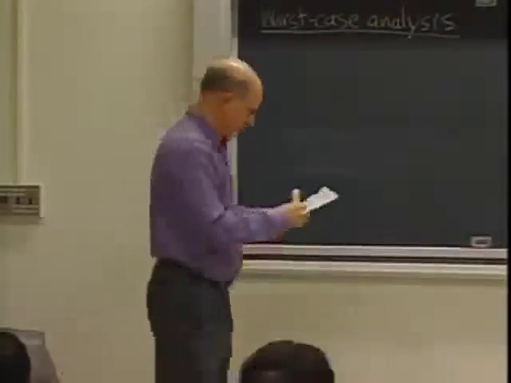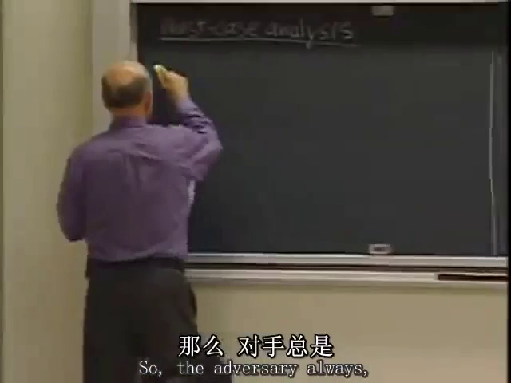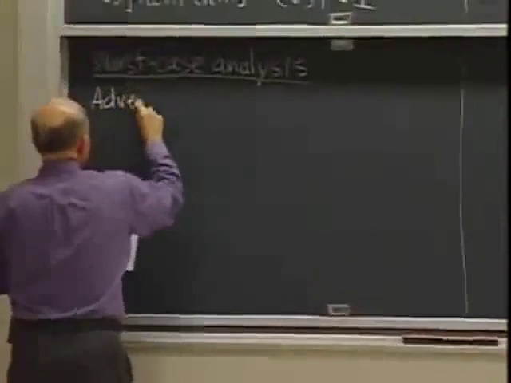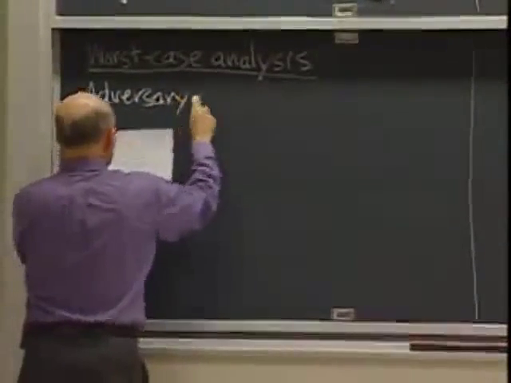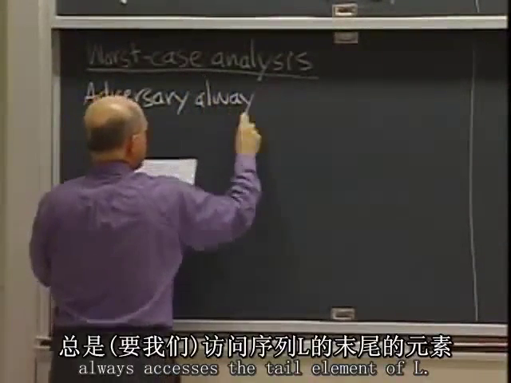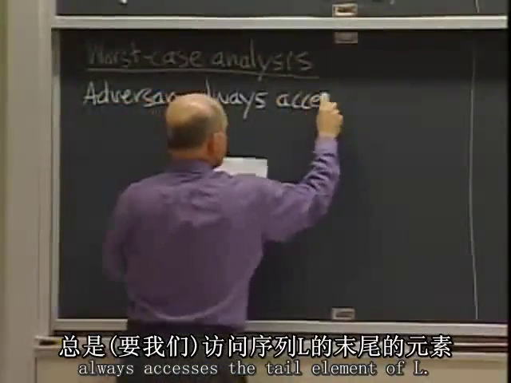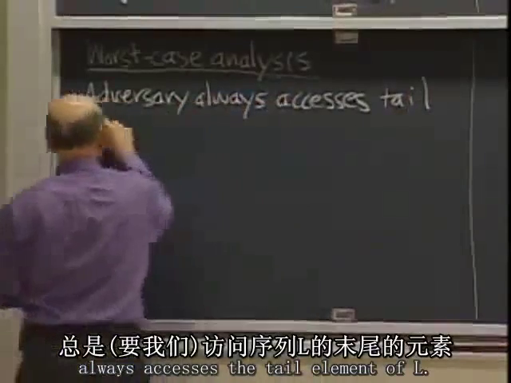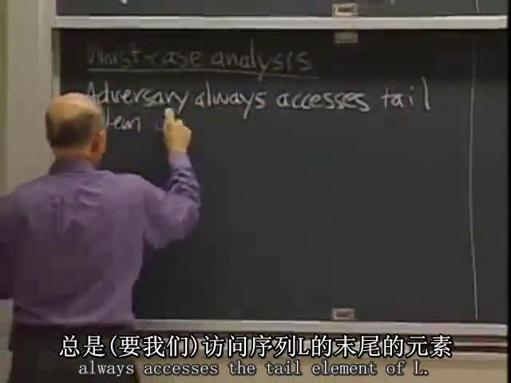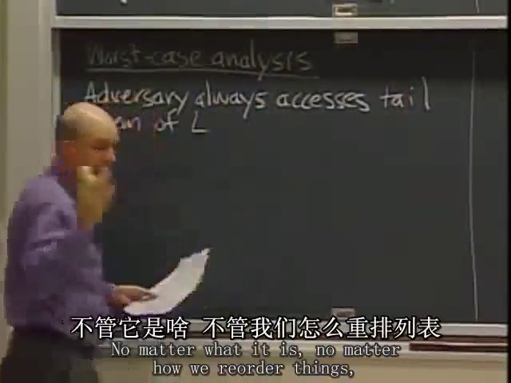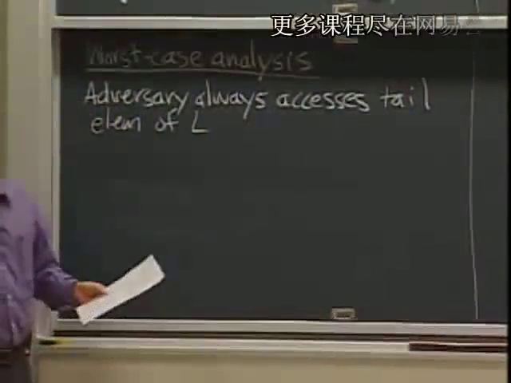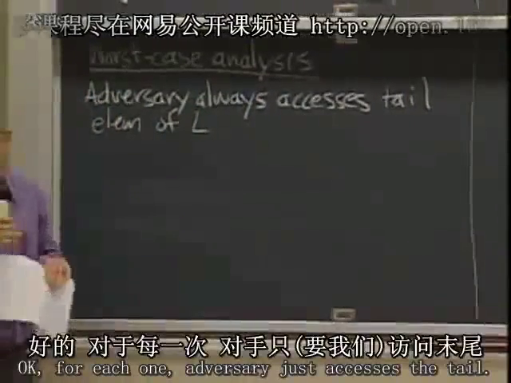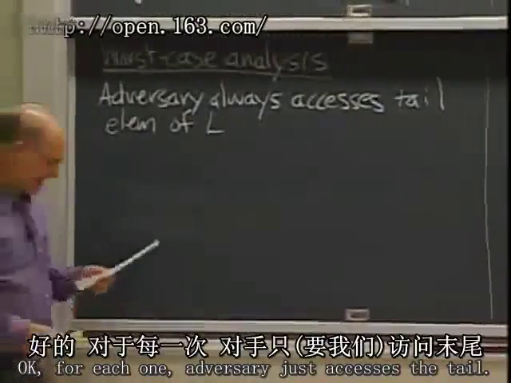Right? So the adversary always accesses the tail element of L, no matter what it is, no matter how we reorder things. For each one, the adversary just accesses the tail.